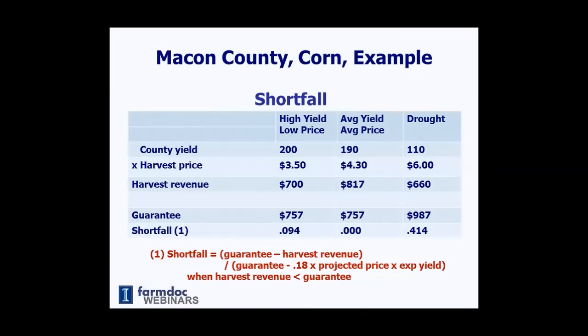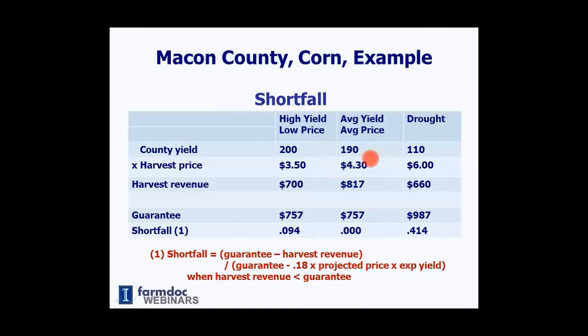Here are three examples of shortfalls given a high yield, high price scenario. Here we have harvest revenue of $700, which is below our guarantee of $757, and we get a shortfall of 0.094.